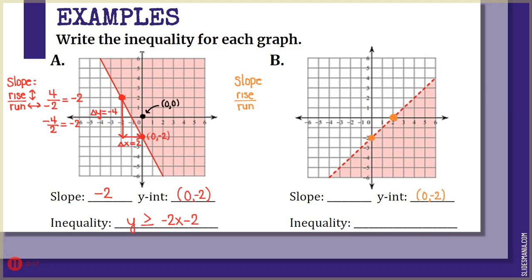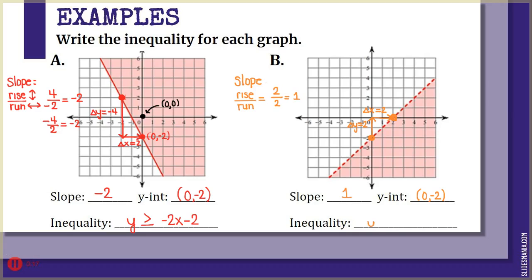So on this specific one, if I start at my y-intercept, my change in y, or my rise, is a positive 2. I go up 2. And then I have to go right 2. So my change in x is also a positive 2. And 2 divided by 2 is a positive 1. So my slope is 1.